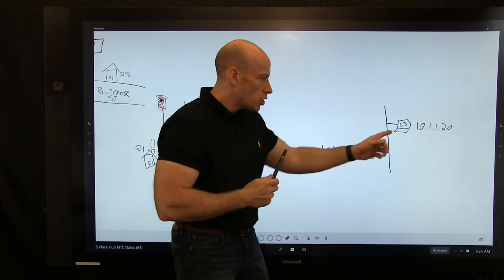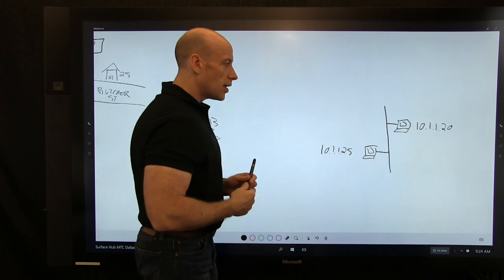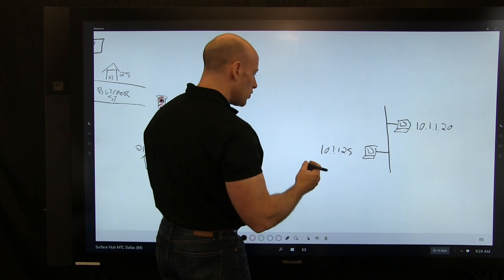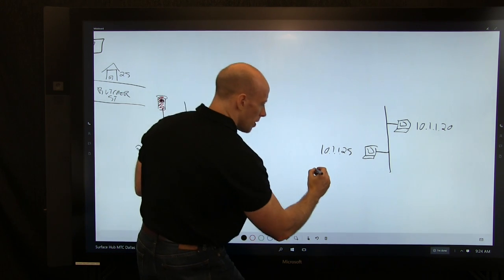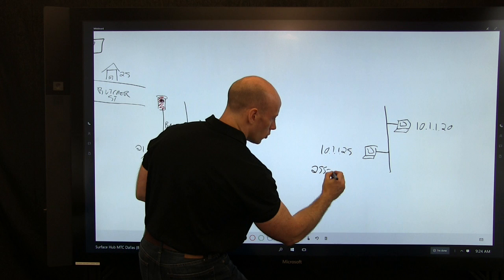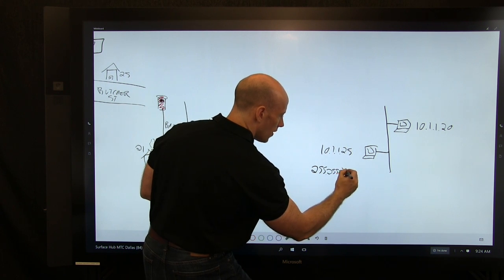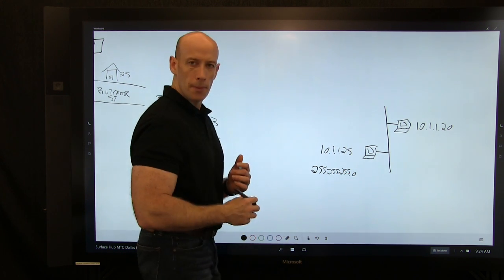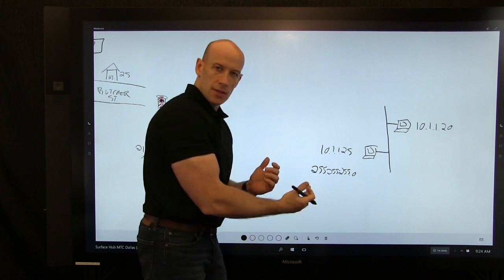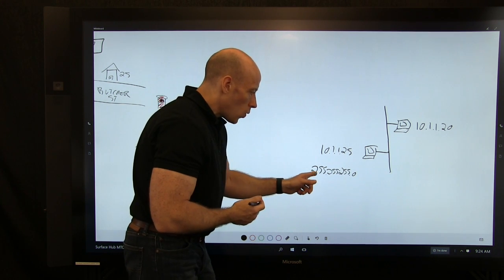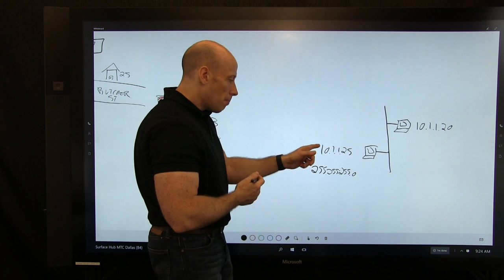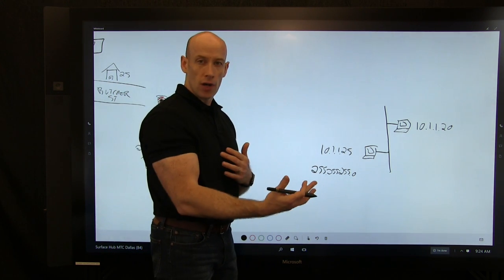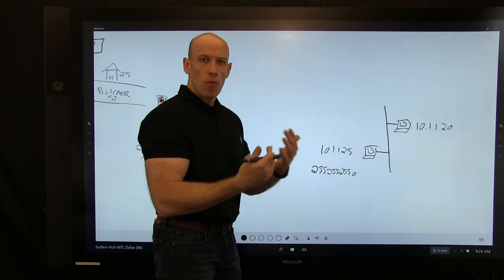How does it know which part is what? So it's something called a subnet mask. And often you'll see this as maybe 255.255.255.0. And that's just the bits. Where it's a 1, that means that part of the address is the network ID. So there's this bitwise AND operation performed.